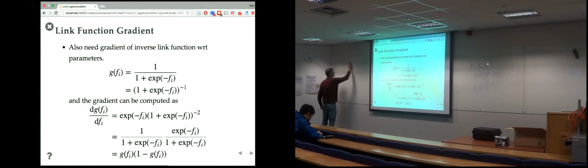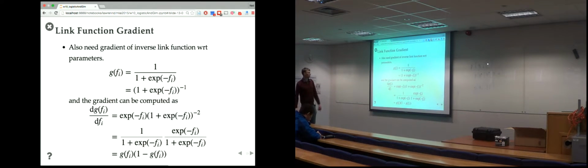It sort of becomes very clear as you write it out. So e to the minus f over 1 plus e to the minus f, that is equal to 1 minus 1 over 1 plus e to the minus f is what the claim is.